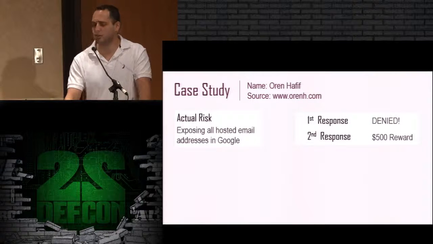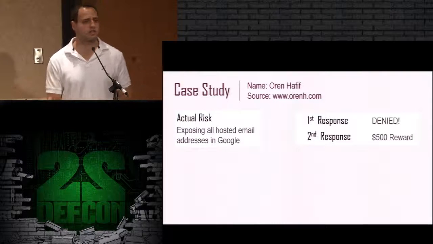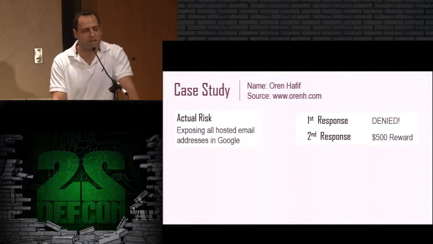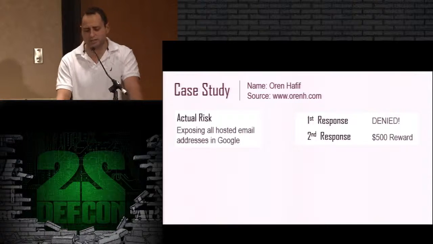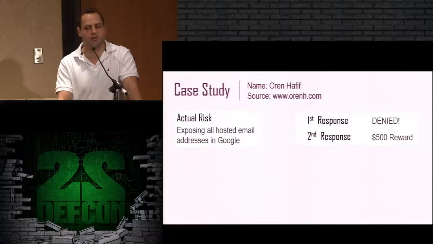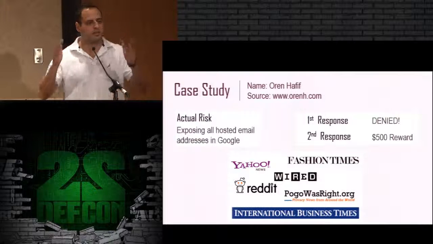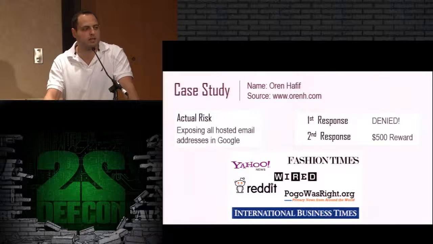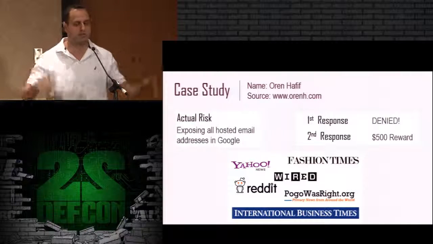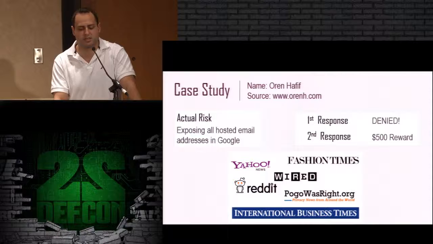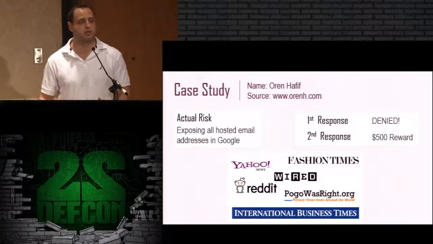He posted it to Google, and the first response was denied because, well, it's not a risk. That's what Google said. But then he posted it again while explaining that this is a real risk, and they decided to reward him with $500. As a result, I looked up the title of what he'd done, and I stopped at page 3 on Google with various websites posting how bad it is, because he really found something that can cause a lot of losses for Google.